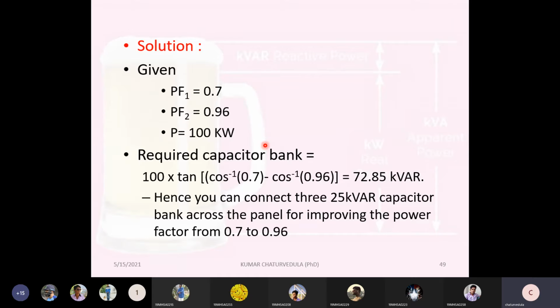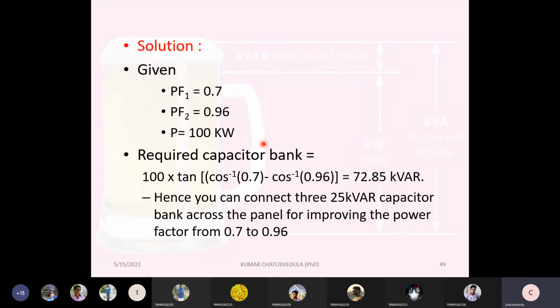There is no such capacitor manufactured by the manufacturer, so you have to choose 75 kVAr, which is the nearest value. So a 75 kVAr capacitor bank can be connected across the panel for improving the power factor from 0.7 to 0.96.